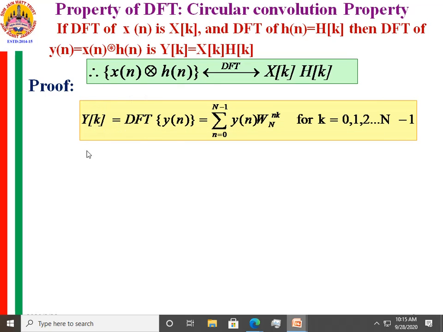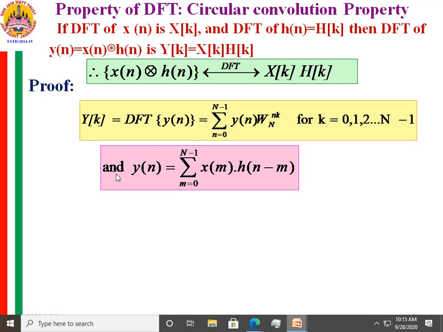let us start with the output sequence whose DFT is represented by Y of k. So Y of k is equal to DFT of y, which is equal to summation n from 0 to N minus 1 y of n into W raised to nk, where k also takes on the values from 0 to N minus 1.